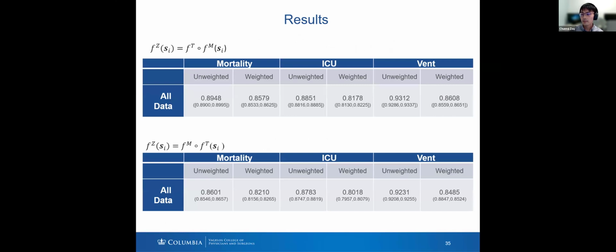The final results of the testing AUC scores for different outcomes were reported in the tables. For different integration directions, the overall performance is similar, and all of them have reached values more than 0.8 for 3 outcomes.